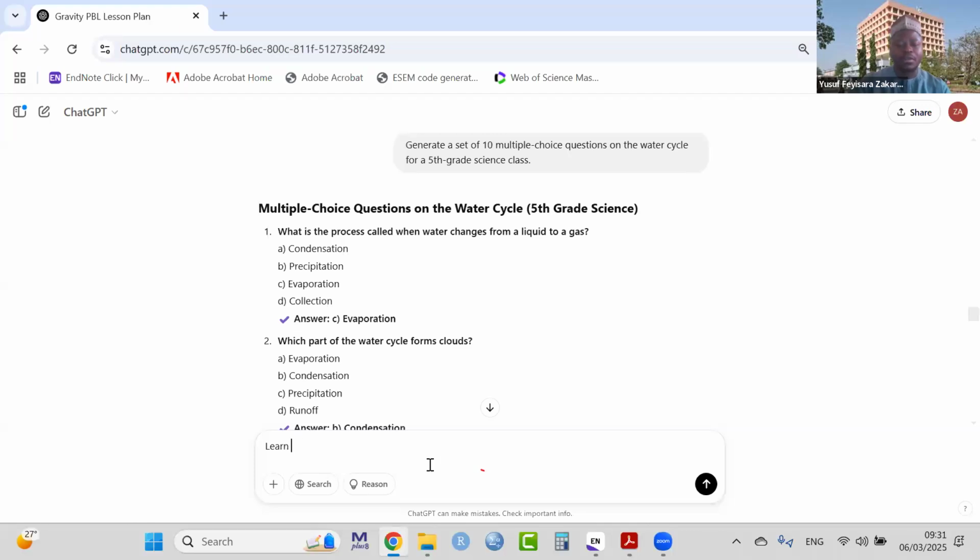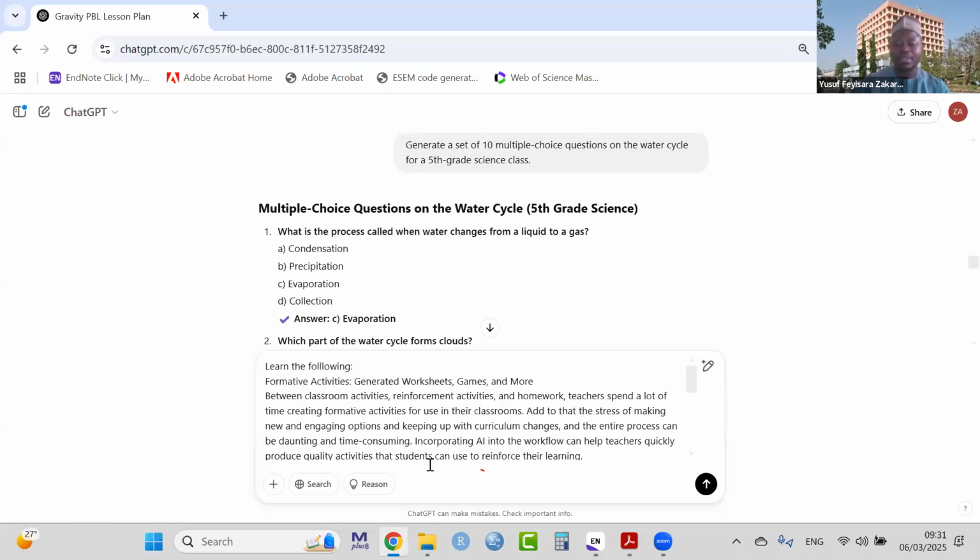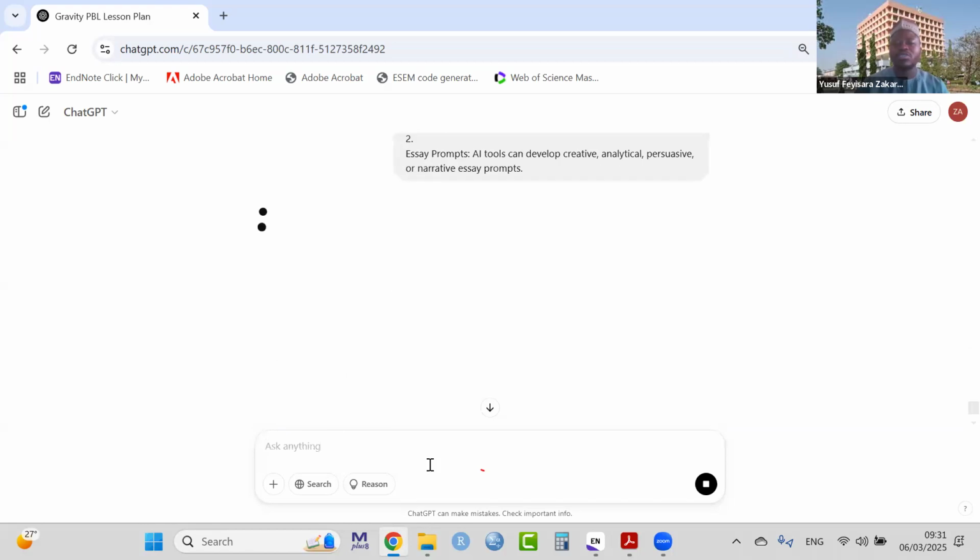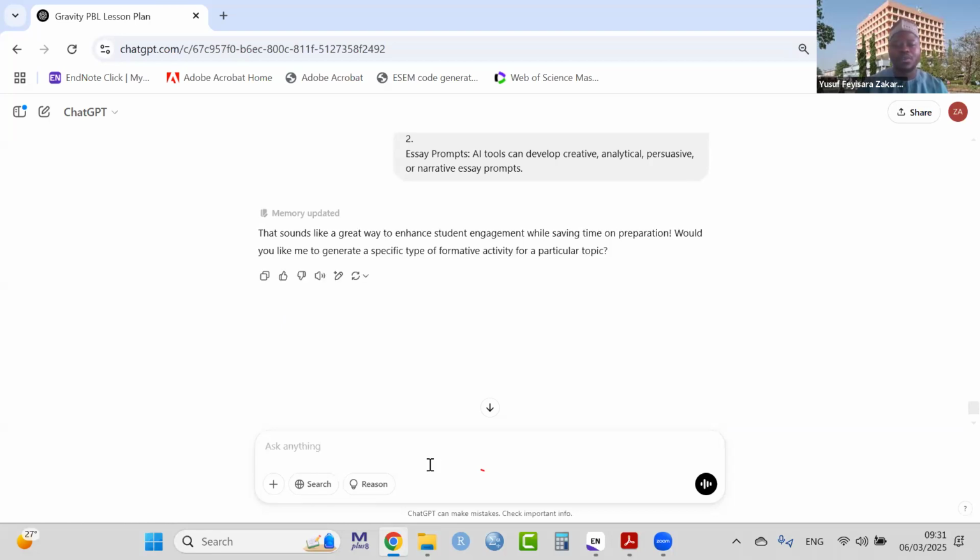I just ask it to learn this, then to tell you that it has finished learning, or even reframe what it has learned. All right, so you see, memory updated.